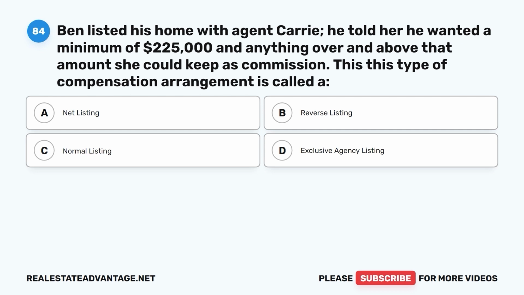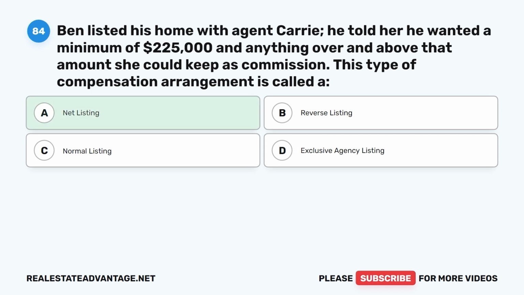Ben listed his home with Agent Carey. He told her he wanted a minimum of $225,000, and anything over and above that amount she could keep as commission. This type of compensation arrangement is called A. Net listing. B. Reverse listing. C. Normal listing. D. Exclusive agency listing.